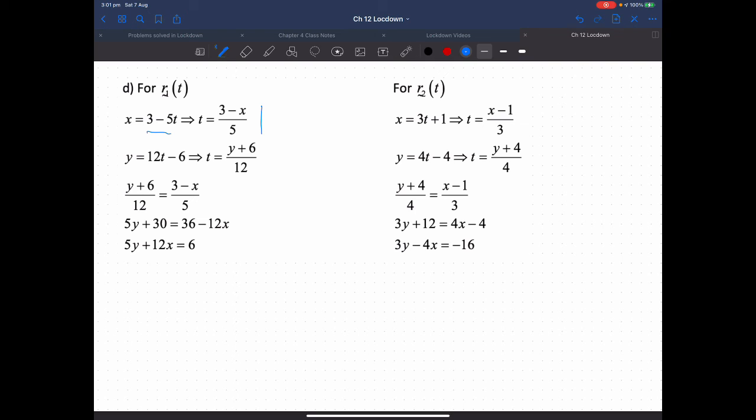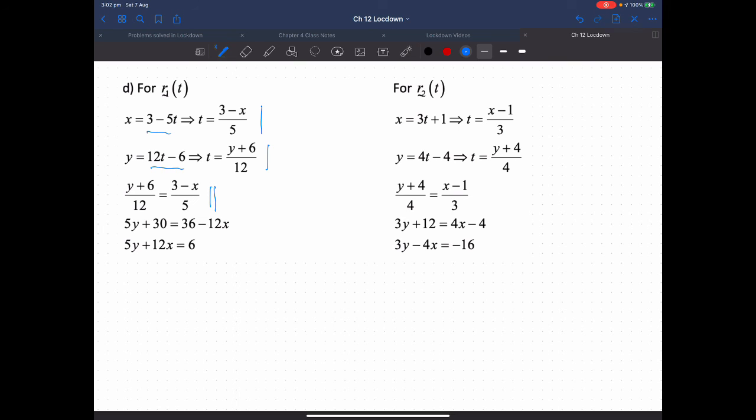I can do the same with y. y is equal to 12t minus 6. Rearranging that to get t by itself, I get y plus 6 over 12. I've got my expression in terms of x equals t, my expression in terms of y equals t. Because they both equal t, they must be equal to each other.